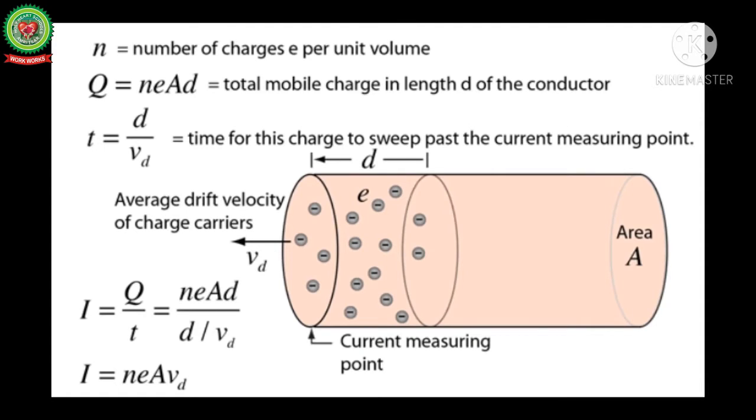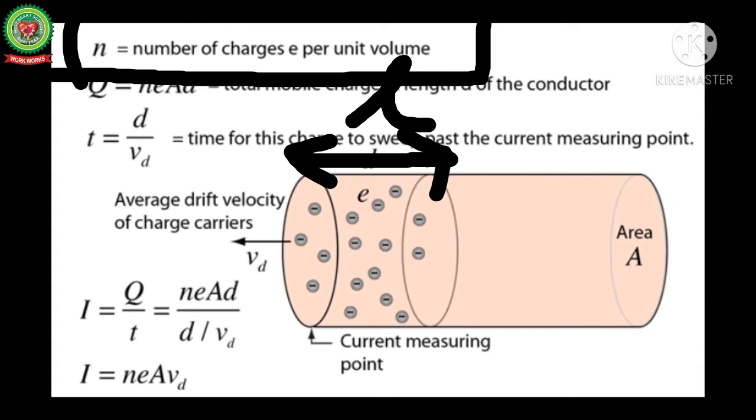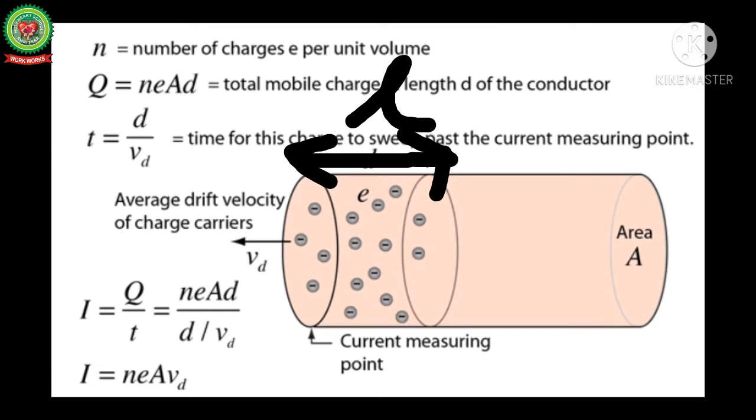Students, in this picture you can see a metallic conductor of length L and area of cross section A. Let n be the number of free electrons per unit volume and e be the charge of an electron.